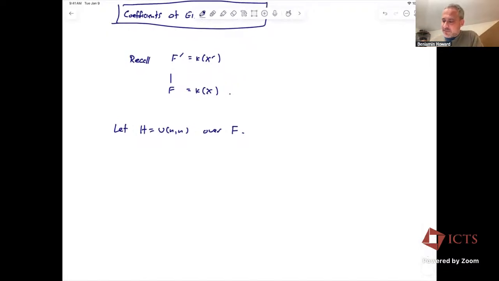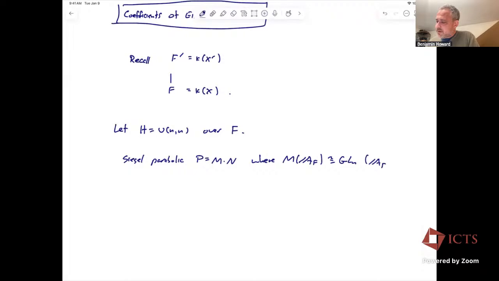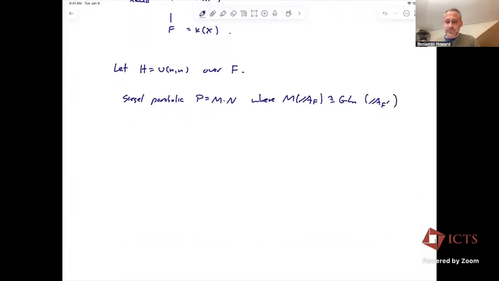It's got a Siegel parabolic with a Levi decomposition. And I explained how the Levi factor, its adelic points, we're identifying with GL_N, where N is the dimension, of the adeles of the function field of the double cover. Okay.